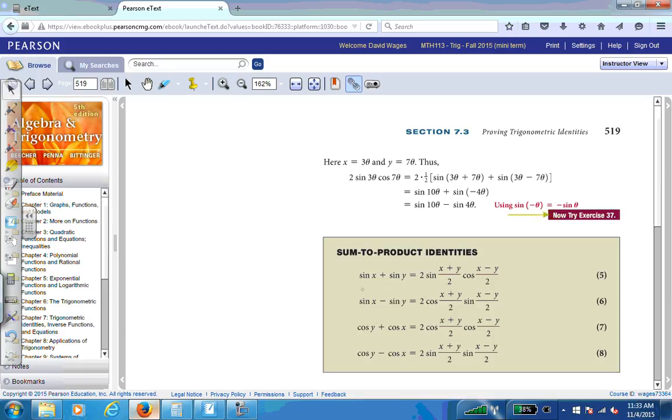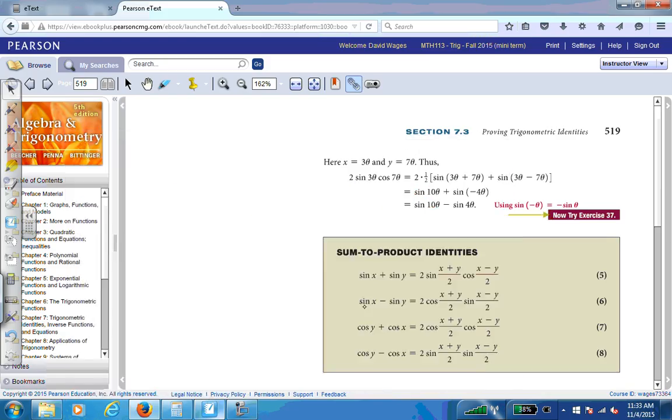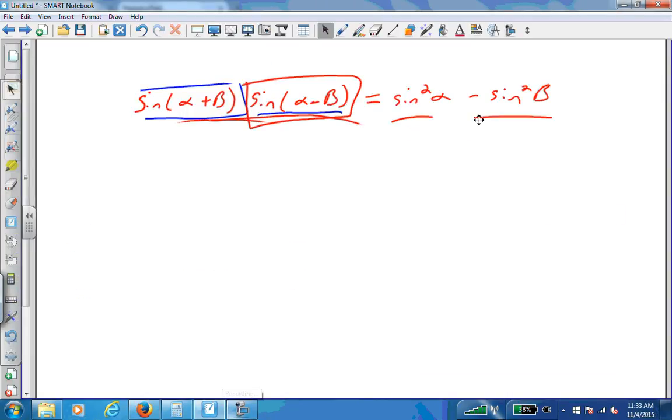Now, we probably don't want to use this one because we have sine squared minus sine squared. This isn't sine squared minus sine squared. This is sine to the first power minus sine to the first power. So we probably can't use this to change the right side, but we do have a product of two sines.